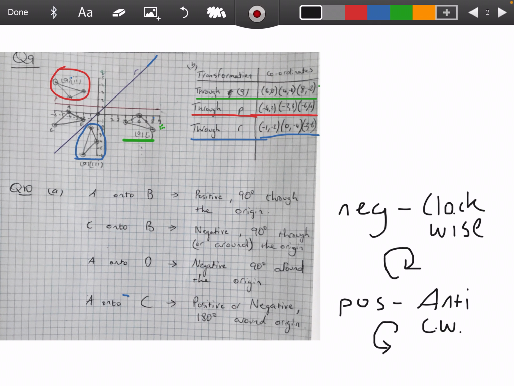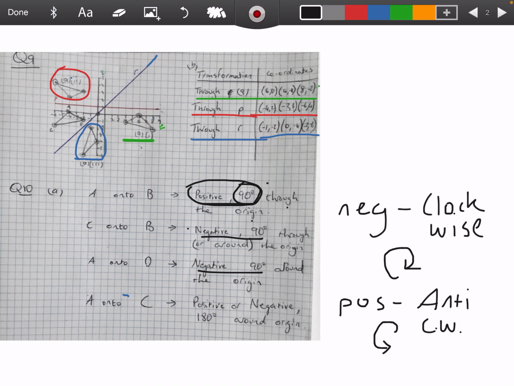So I've written most of these, you can see positive 90 degrees through the origin, negative 90 degrees, negative 90 degrees. There is the opposite, which is the same as that. You can imagine I could say that would be a negative rotation 270 degrees through the origin if you really wanted to, but I'd try and keep the angle value as low as possible here.